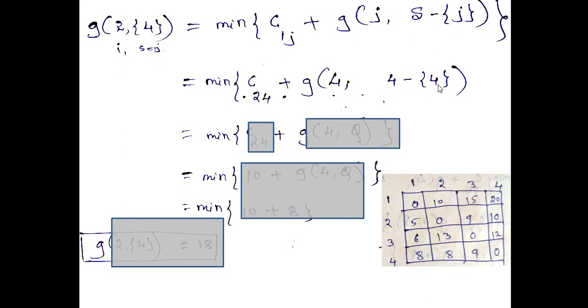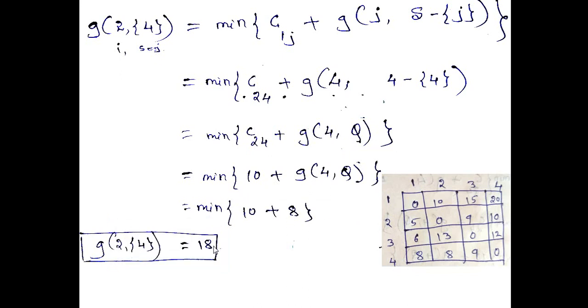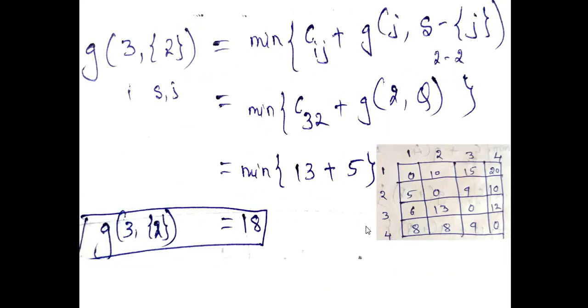Okay. Cost of 2 to 4. What is the cost of 2 to 4? 9. Sorry, 10. So 10 you have to write. Now g, 4 as it is. 4 minus 4, 5. g(4, 5). What is the value of g(4, 5)? That is 8. Then 2 to 4 is 10. So 10 plus 8, 18 is the answer.